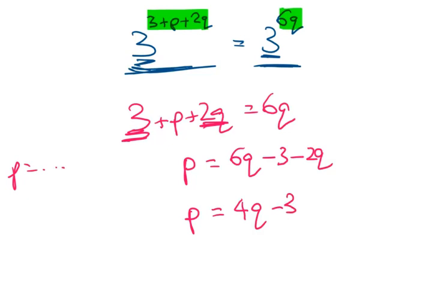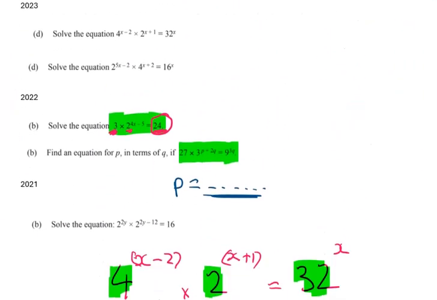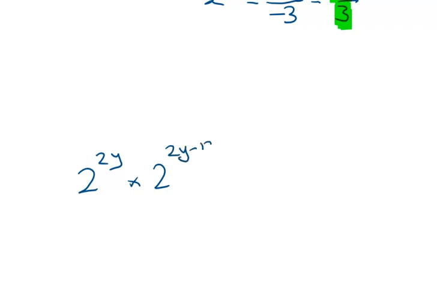Right, one question left. It's another one where we've got to make the bases the same. So it's this one here. You can see from looking that this one is probably the easiest of all of them because we just have to change that 16 over. Right, 2 to the 2y times 2 to the 2y minus 12 is equal to 16.